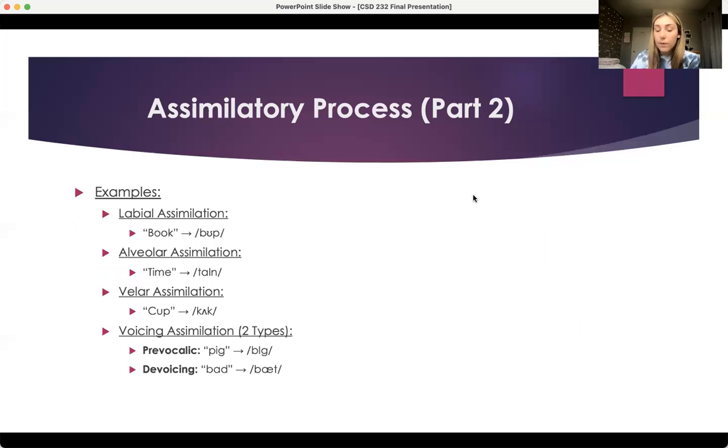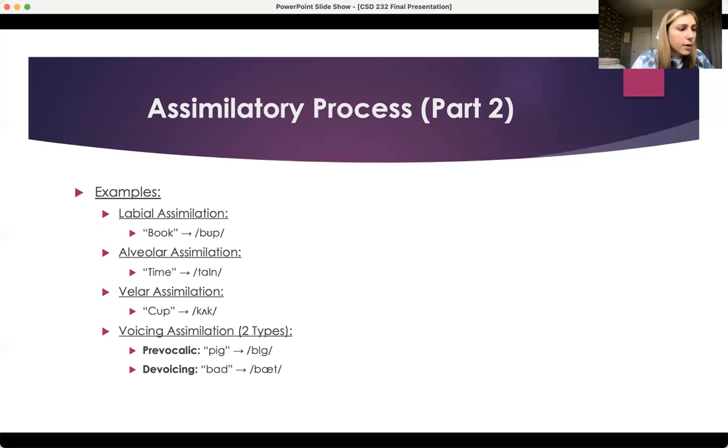And now here I'm providing some examples of assimilatory processes, which breaks down each of the subtypes. For labial assimilation, we have the word book, and that goes to boop, kind of. It's hard to pronounce, but I provided the correct transcriptions below so you could pronounce it on your own.